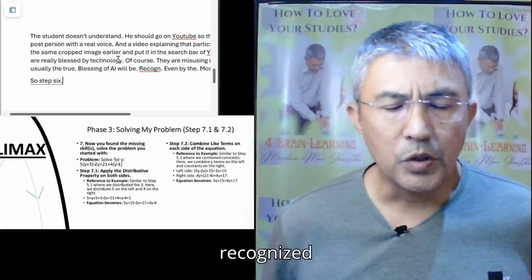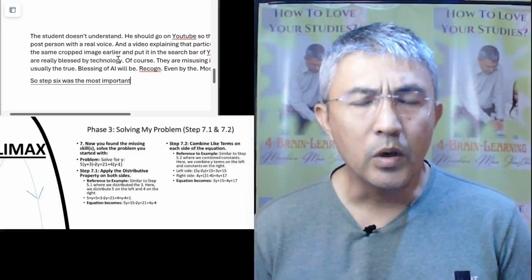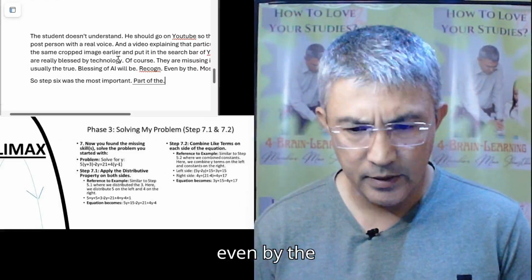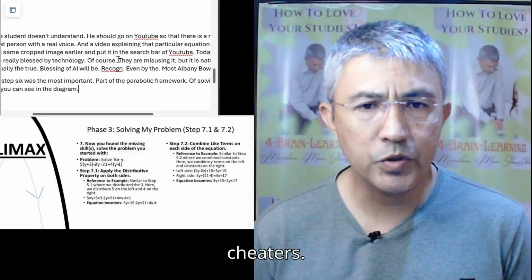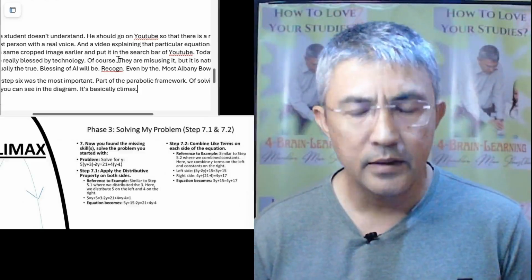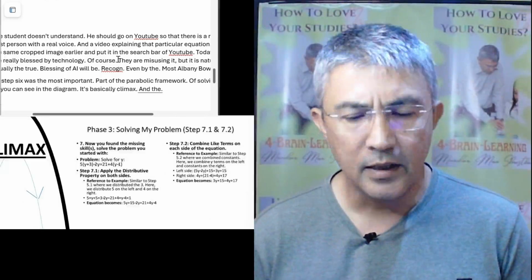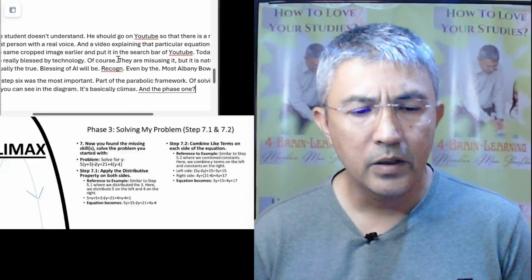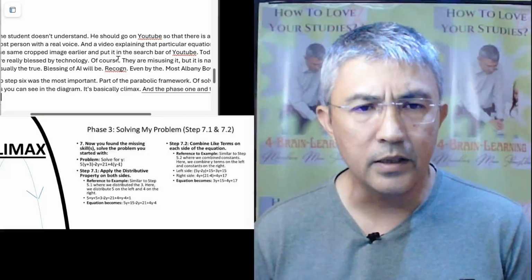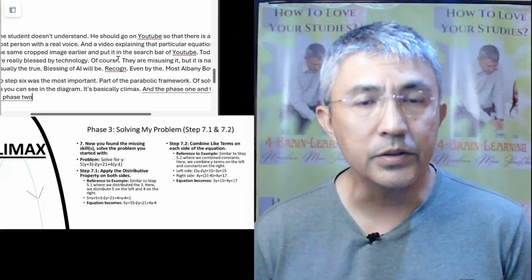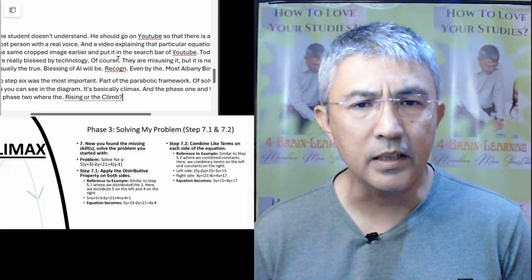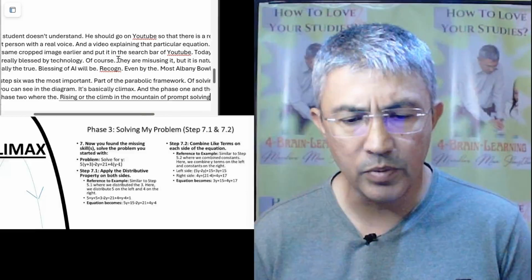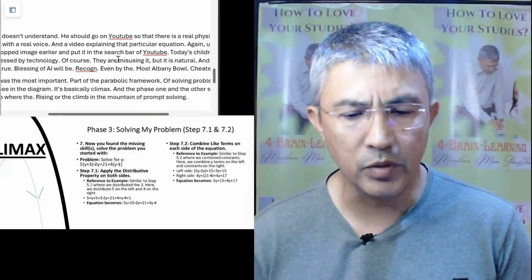So, step 6 was the most important part of the parabolic framework of solving problems, as you can see in the diagram. It's basically the climax, and phase 1 and the other steps in phase 2 were the rising or the climb in the mountain of problem solving.